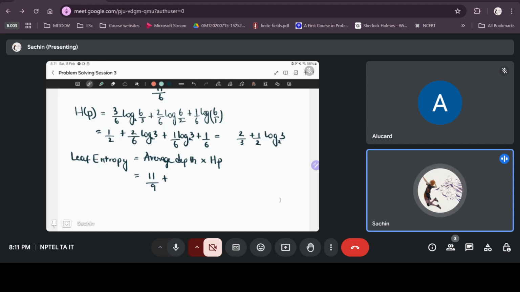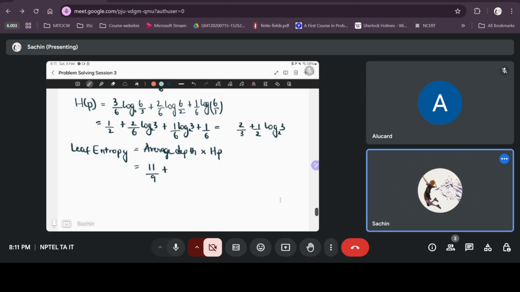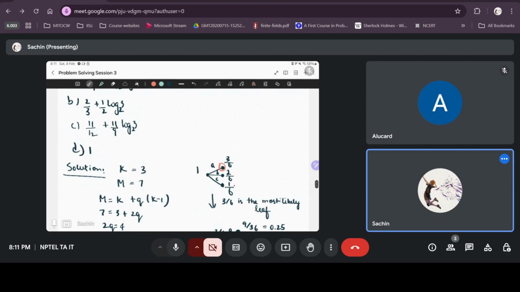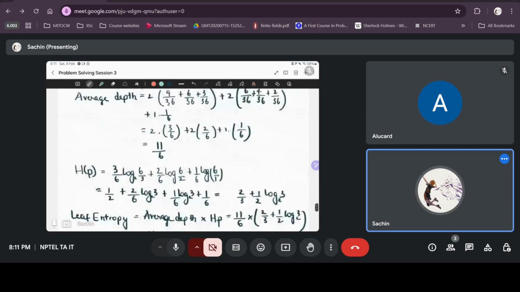That's why we have 2 thirds plus half log 3. Now average depth is 11 by 6 into 2 by 3 plus half log 3, which will give you 11 by 9 plus 11 by 12 log 3, which is option A.